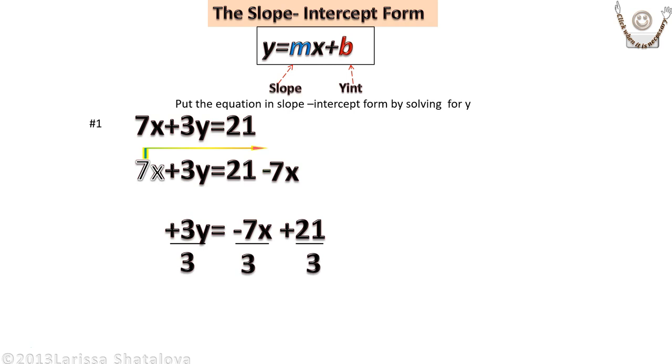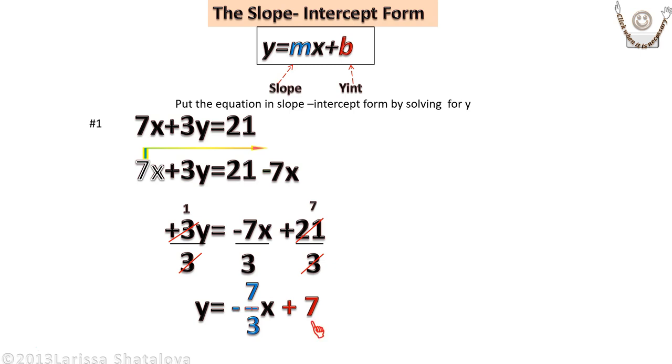And simplify. Positive 3 divided by positive 3 is positive 1. And 21 over 3 is just 7. Now we have positive 1y, or just y, equal negative 7 over 3x and positive 7. Negative 7 over 3 is the slope, and positive 7 is the y-intercept.